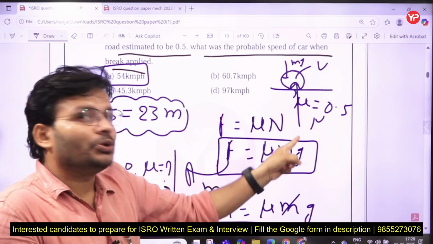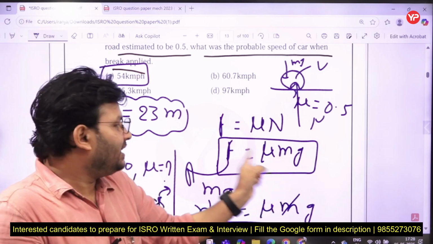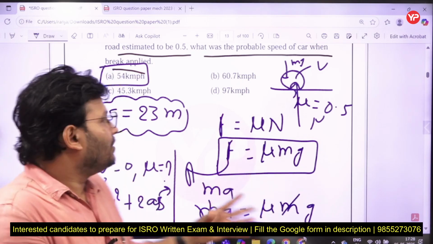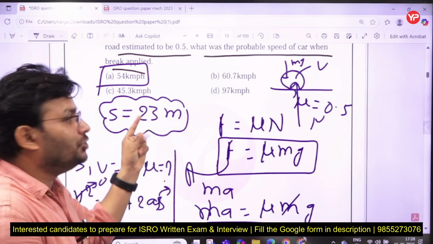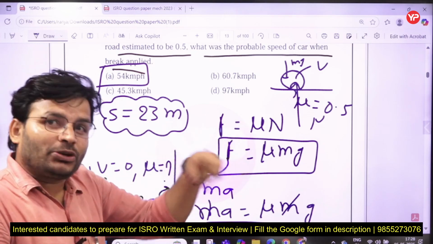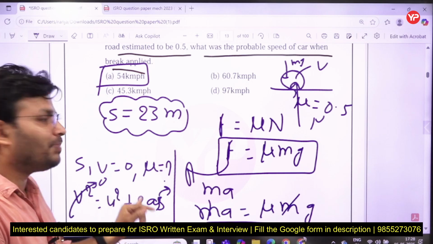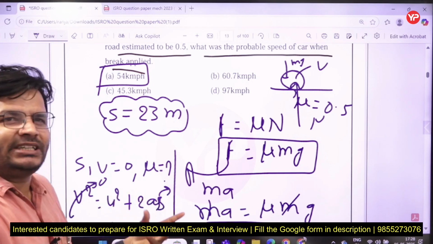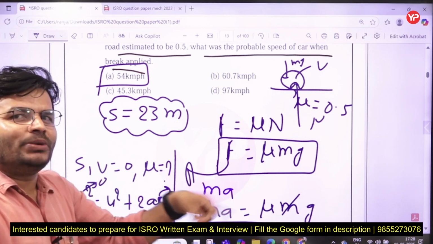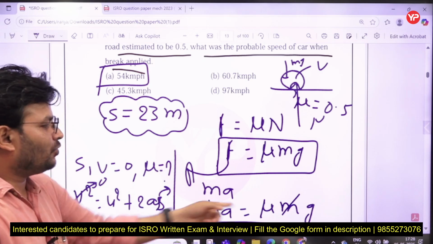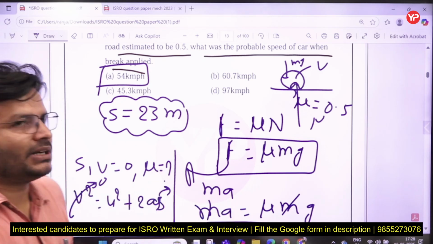Friction force equals mu N, which equals mu mg, and this is also equal to ma. Why do I have to calculate A? Because I have to calculate u, the initial velocity when the brake was applied. It is given by v square equals u square plus 2as, but plus will not be there because it is not accelerated, it is retarded, so minus A comes. Once I get A, I can calculate u, and accordingly I get the answer.